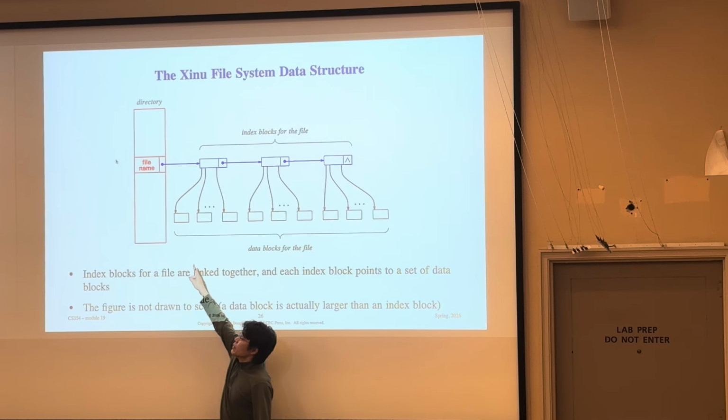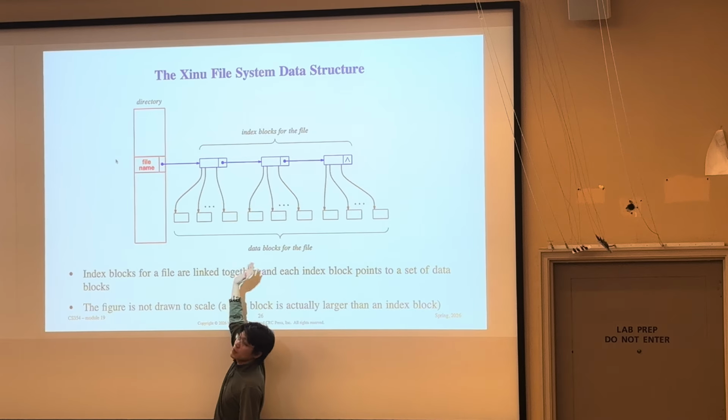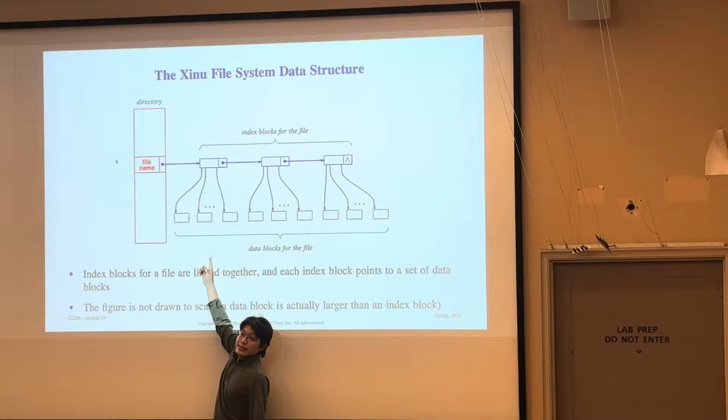Okay, so we will read this data block, read beyond its boundary. You go to the index block to get the next data block's index. In this case, we're assuming you're still in the same index block, you're just getting the next data block's index, and you use that to load this data block from disk.